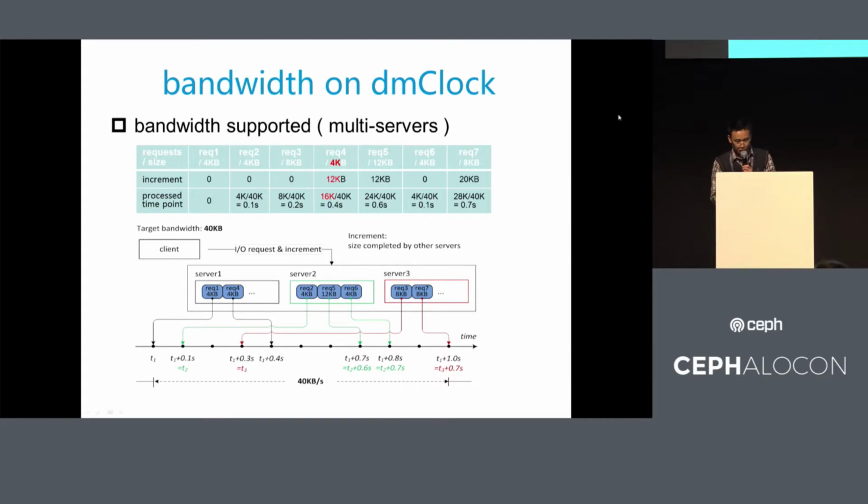Request 2, 5, and 6 are sent to server 2. Along with the request, the incremental size is also sent by the client. The incremental size here is the total size completed by other servers after the last request.